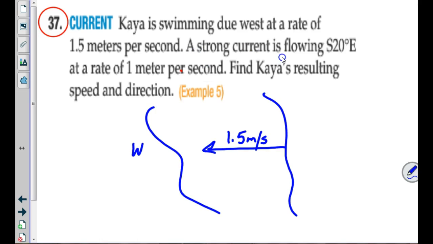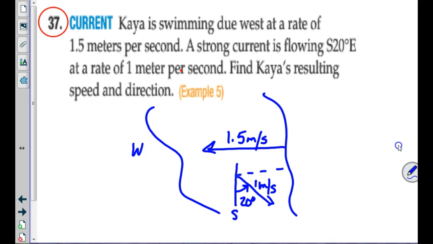A strong current is flowing south, off of south 20 degrees towards the east, at a rate of 1 meter per second. Find Kayla's resulting speed and direction.